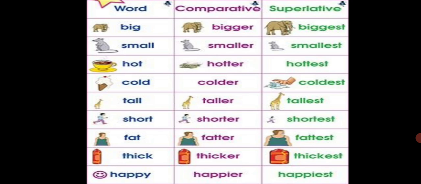Children, this is the table actually carrying the degrees of comparison. This is said to be the degrees of comparison. Now I will go to the actual explanation about degrees of comparison.